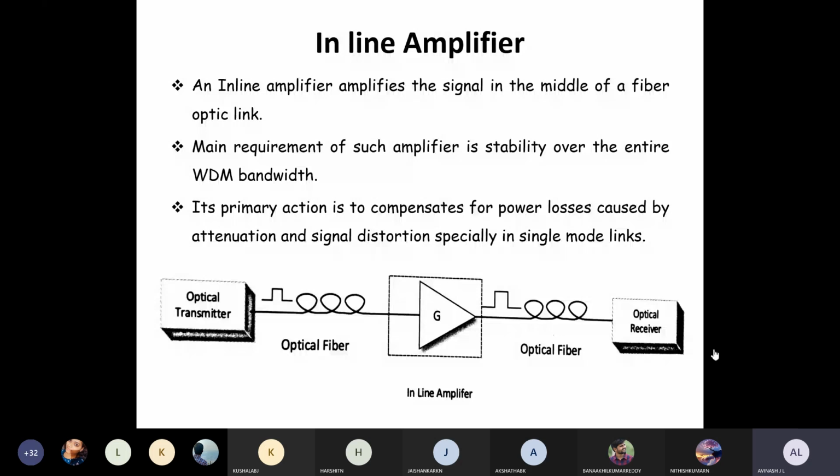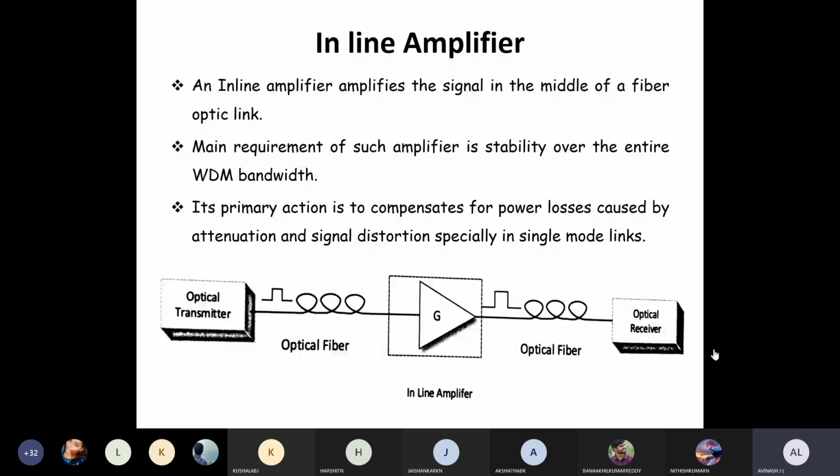The optical transmitter will send some amount of energy, and that energy passes through the optical fiber. The optical fiber takes that energy to the inline amplifier. The inline amplifier will take the input signal and amplify it to a certain level.